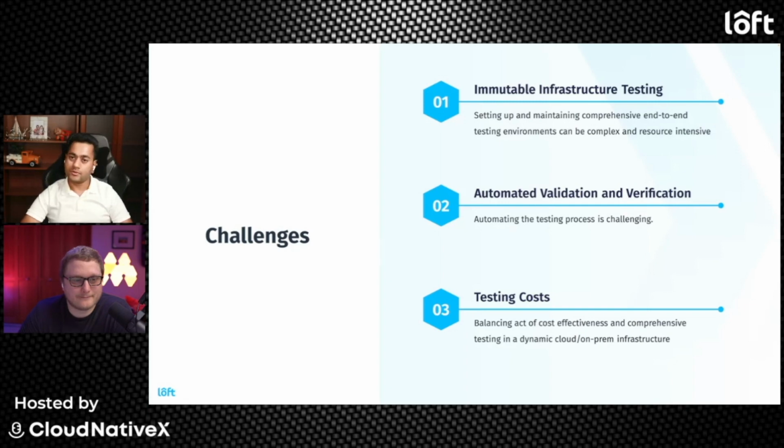Earlier, with manual testing, you could go and deploy the application into a separate EKS cluster or separate AWS account and test it out and confirm that everything's working well. But in the GitOps way, you have a lot of immutable infrastructure, a lot of dependencies that need to be managed. How do we replicate all of that?